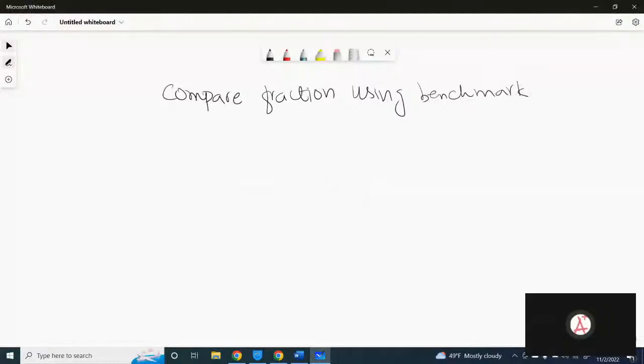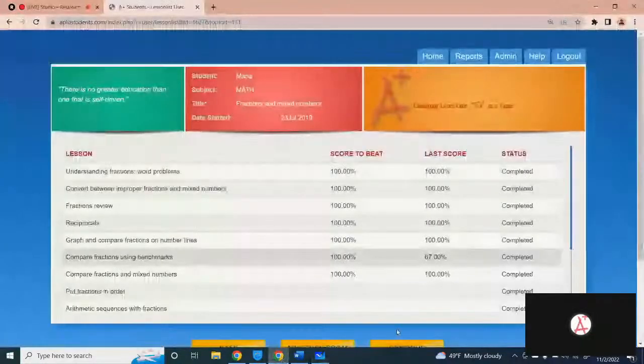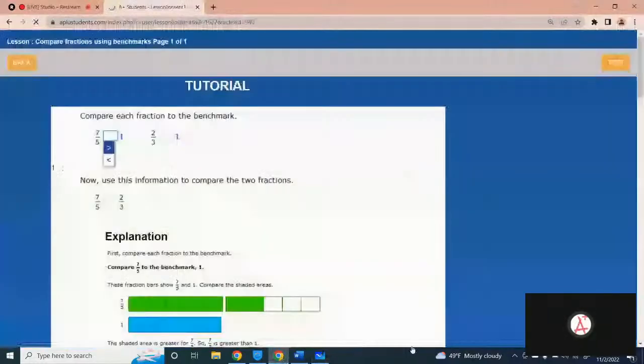Okay, let's start with the next lesson, that is compare fractions using benchmarks.